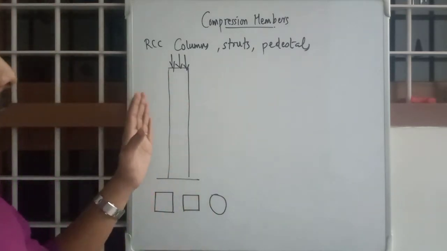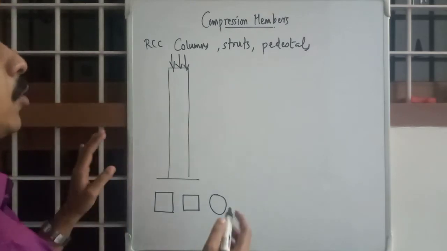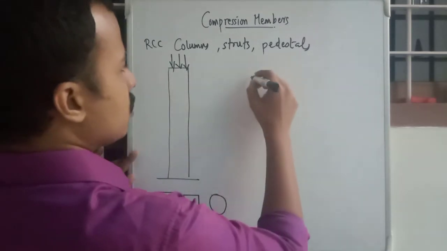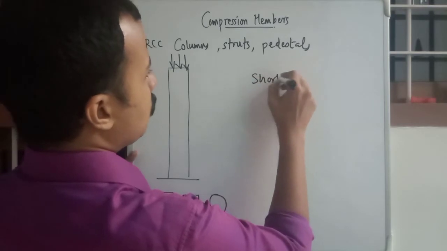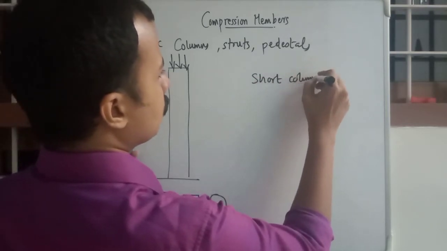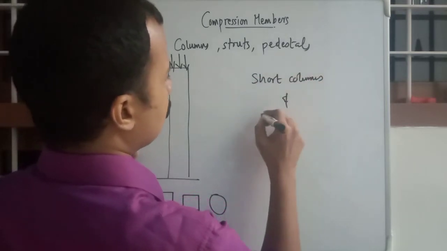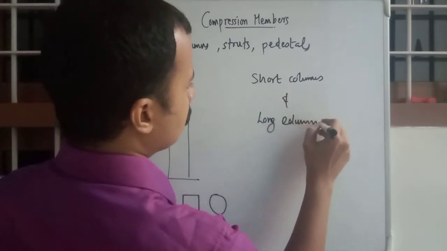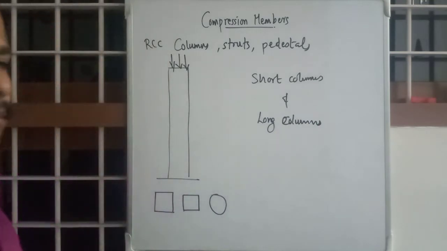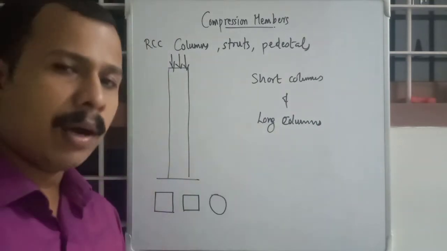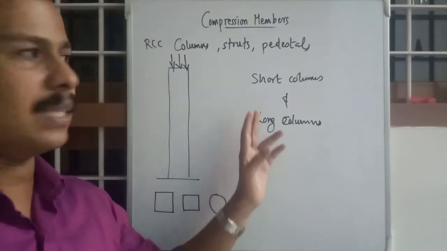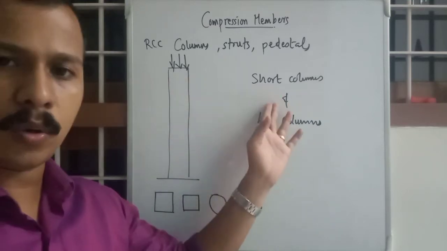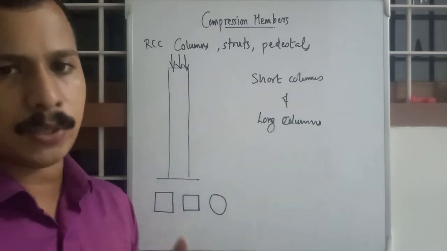On these columns we have two types: short columns and obviously long columns. The basis with which we decide whether a particular column is short or long is a ratio.